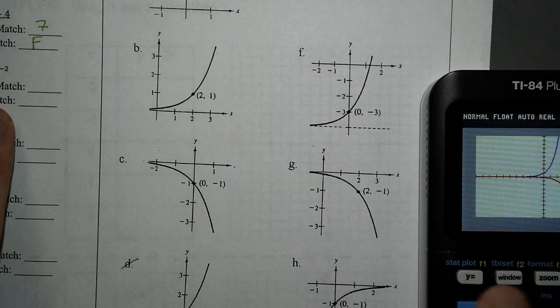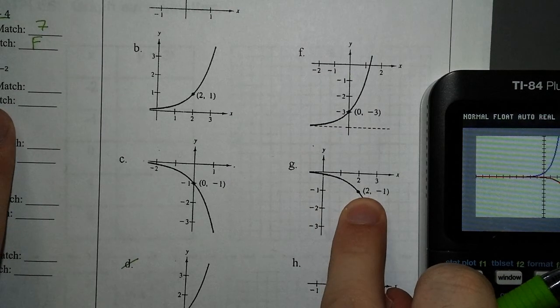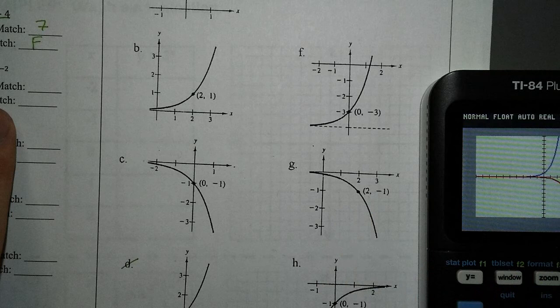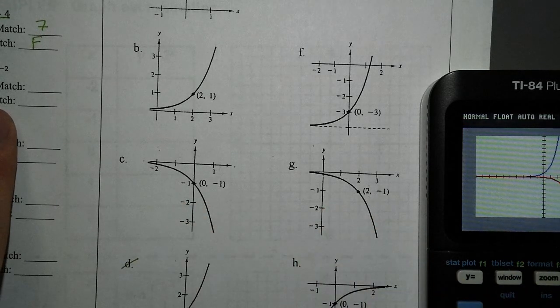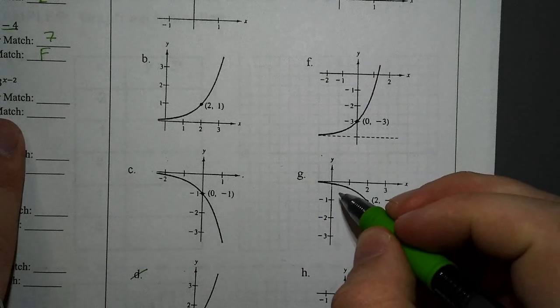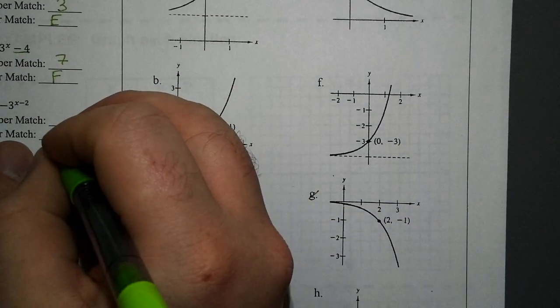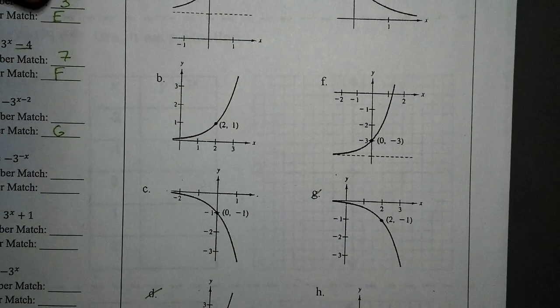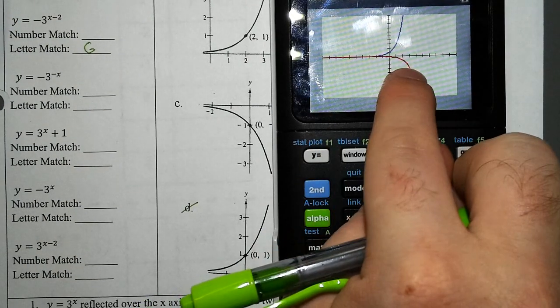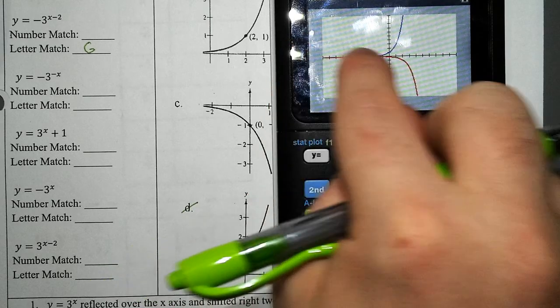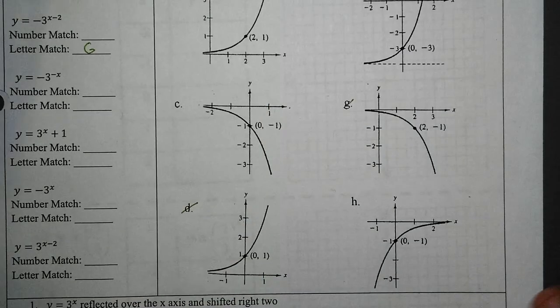Well, it gives us the point (2, -1), which looks correct based on my other ones, because it doesn't go through (0, -1), so it's got to be G. So this is letter G, and what happened is it shifts to the right, and it flips over the x-axis.